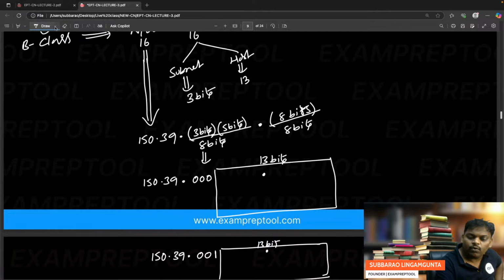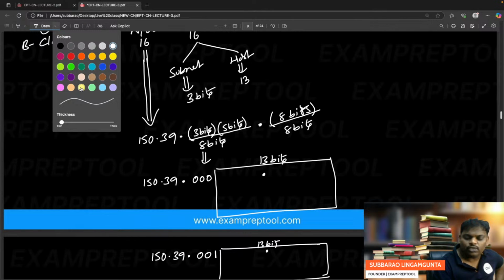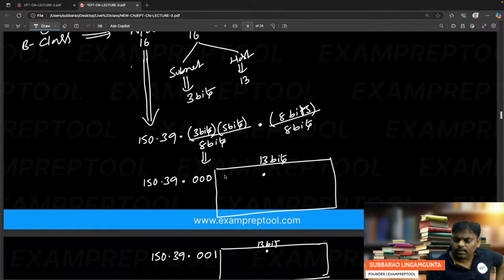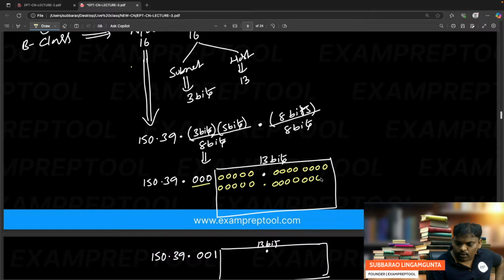Some people are asking how 13 bits now. What you are going to do is 13 zeros to 13 ones. Nothing there, you already have 3 there, so add 5. 13 zeros to 13 ones. Don't worry about the dot. Continue, lastly 13 ones.